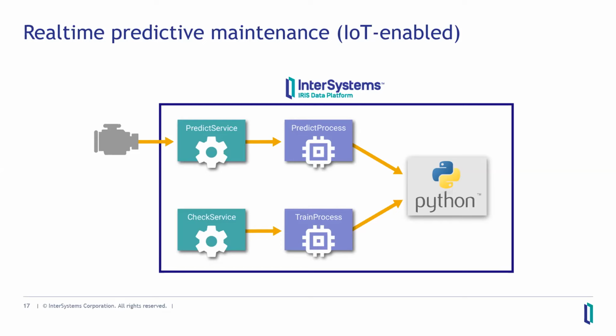So here is how it's done in this example. We have the InterSystems IRIS data platform, and inside that we have several components. We have a Python operation, which is used to hold our Python code. And first of all, we have a train process. Train process simply has all the parts.